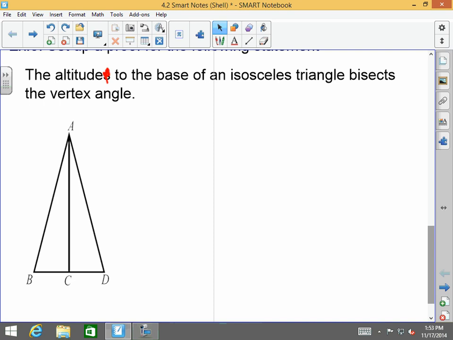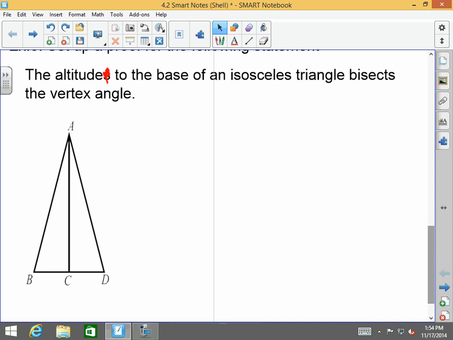Now in this case, there's no if. It gets a little bit more difficult. So what can you say here? Well, the altitude to the base of an isosceles triangle bisects the vertex. So I'm trying to prove that this altitude bisects the vertex. But what's given?